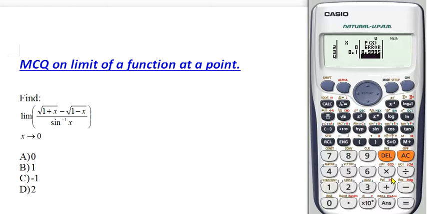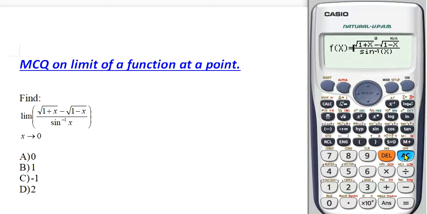You can take any inputs here. Okay, let me just change the step size here. 0.001. Okay, let's see.